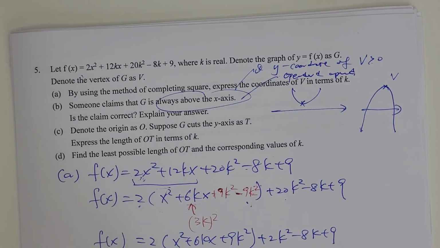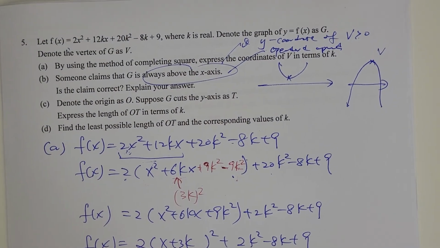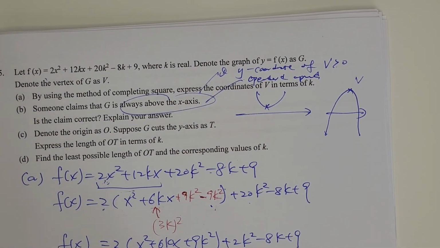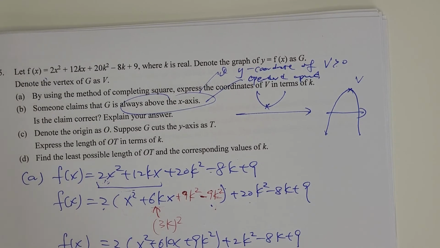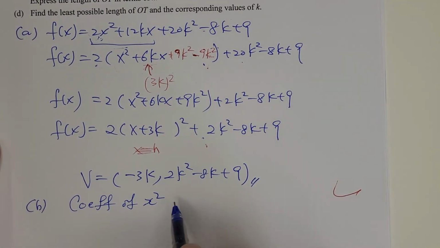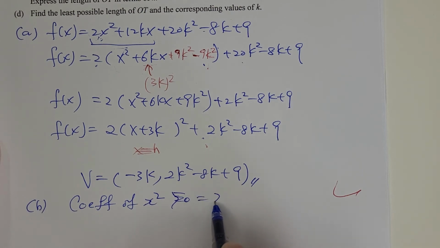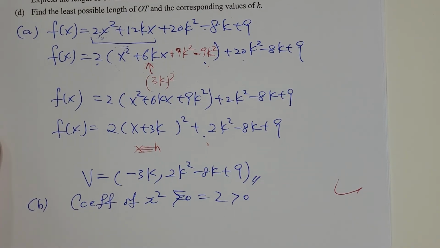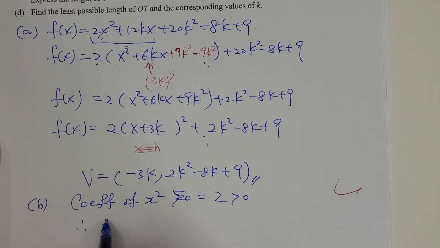So let's check one by one. If you want to check the direction of opening, we check the coefficient of x squared. It's quite straightforward because the coefficient of x squared is positive, you can write down that is 2, which is positive. Therefore, the graph G opens upward.